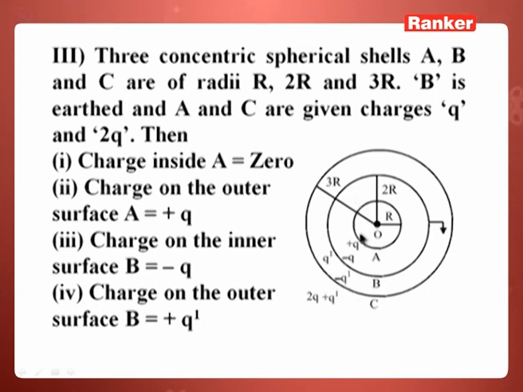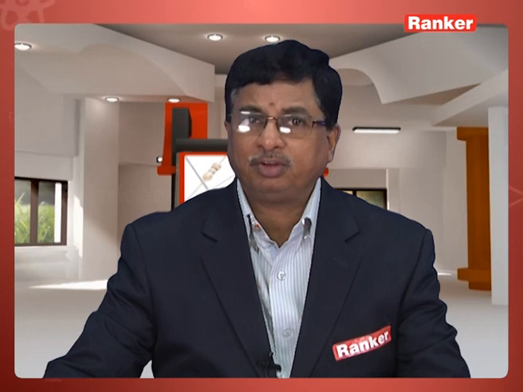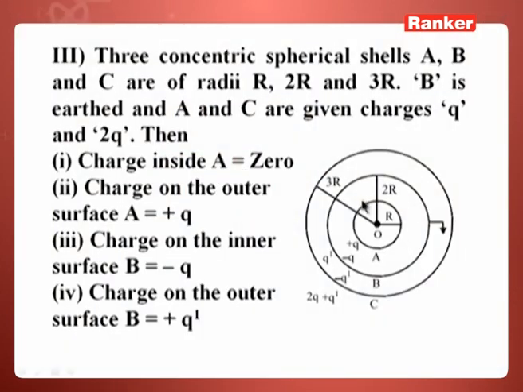Now, what would be the distribution of charge, they may ask you. Like, see, what is the charge inside A? We in fact know pretty well charge lies only on the outer surface of the spherical shell. Therefore, what would be the charge inside A now? It will be 0. So, no calculation is needed for that.